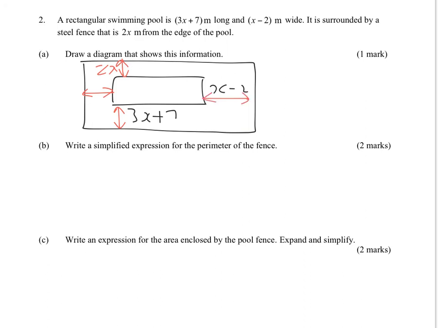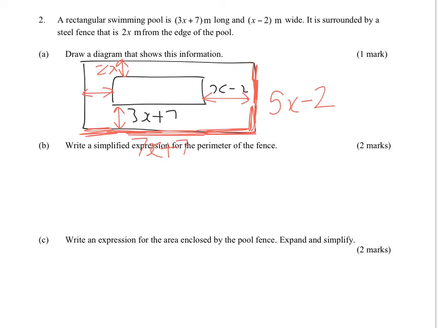So, it's best to do the length and the width now. So, if the length is 3x plus 7 plus another 2x and another 2x, that will get you 7x plus 7. Now if the width is x minus 2 plus another 2x and another 2x, that will get you 5x minus 2.